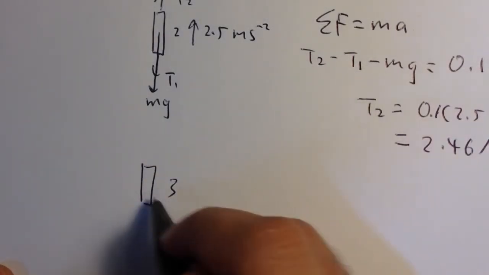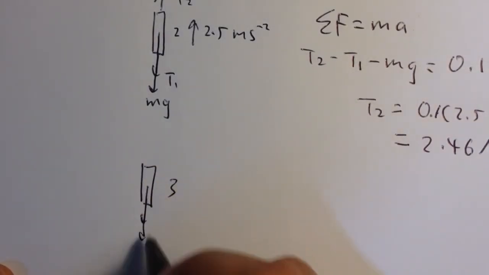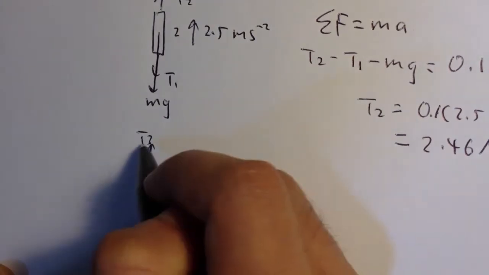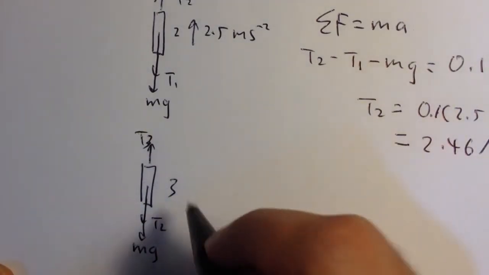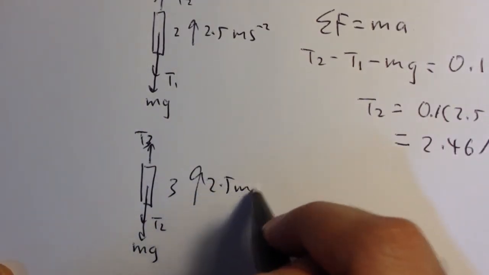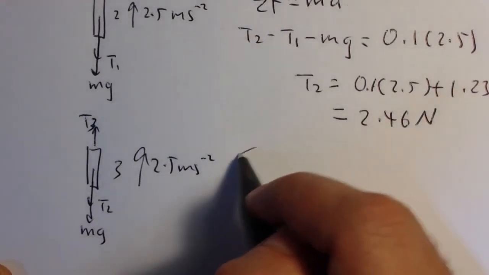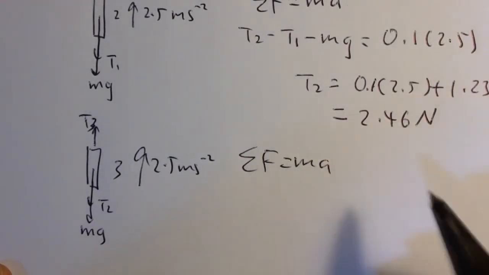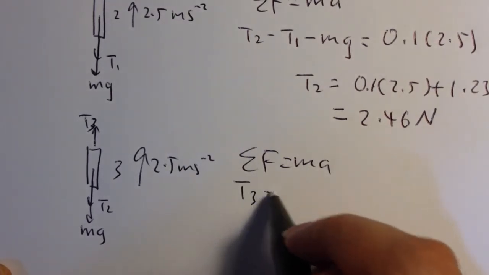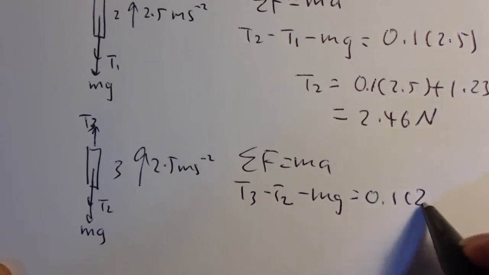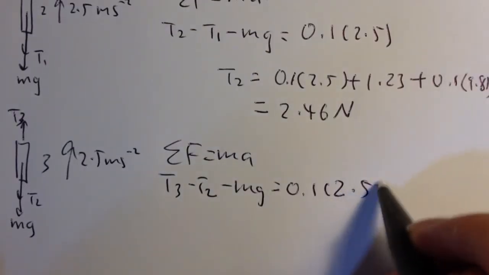So let's do link 3. You should have mg, T2, T3, and it's going up at 2.5 meters per second squared. So when I do Newton's second law, I should get T3 minus T2 minus mg equal to 0.1 times 2.5.